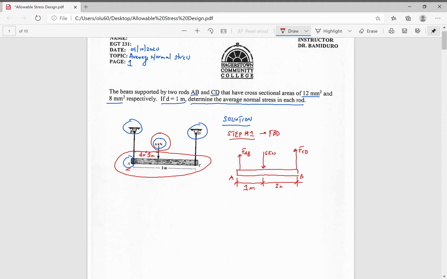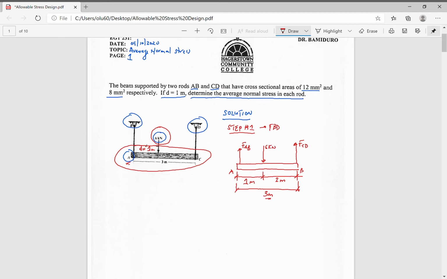And this is 2 meters, because the whole span is 3 meters. So that's step number 1.